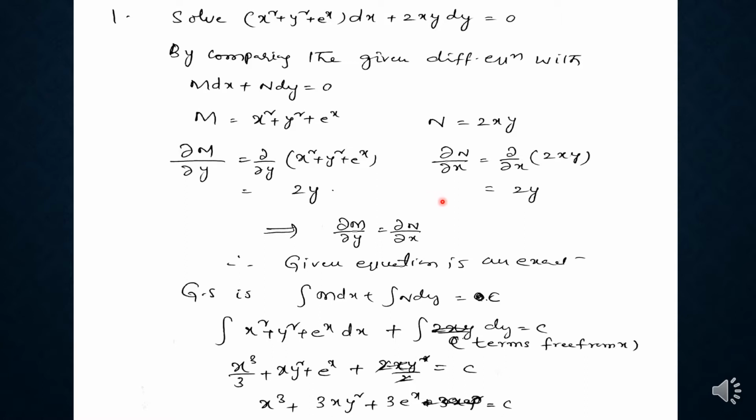No x terms will be present in the N function, so we will take only y terms and the constants. Thus we can find the general solution for the exact differential equation. So we will see some more problems on exact differential equations.